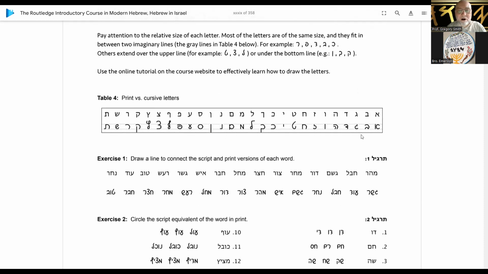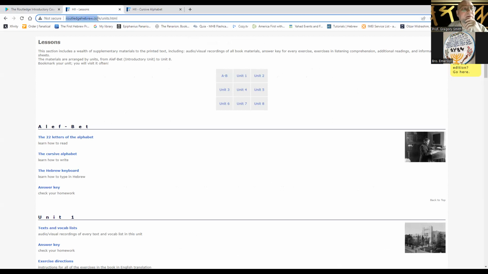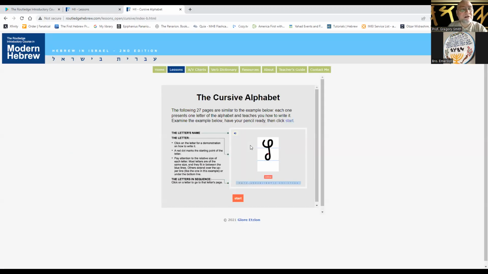Here is this chart. You can find this chart yourself and work on these yourself by going to RoutledgeHebrew.com. See that there? Then just go down to the cursive alphabet, and it takes you to the exercise here.